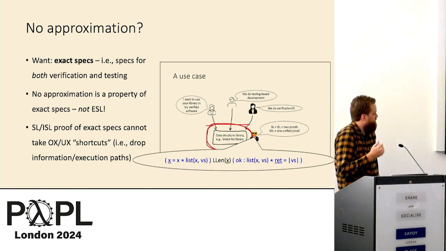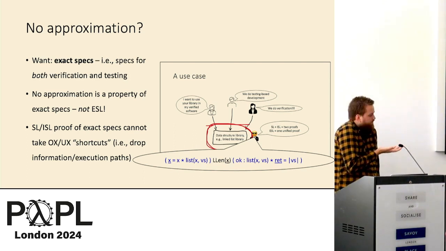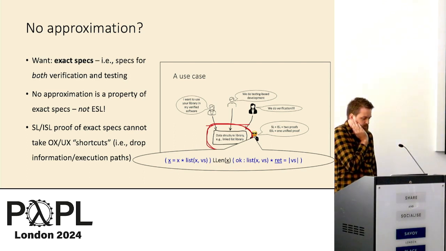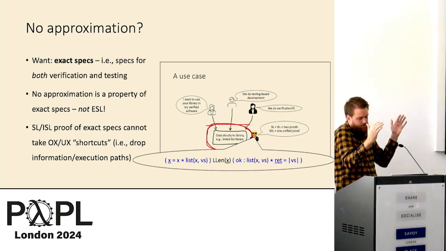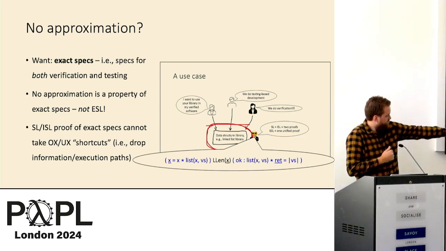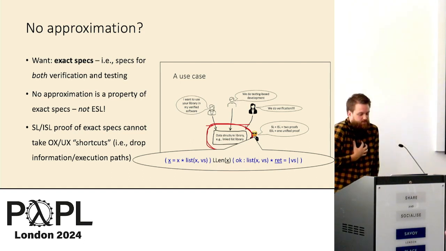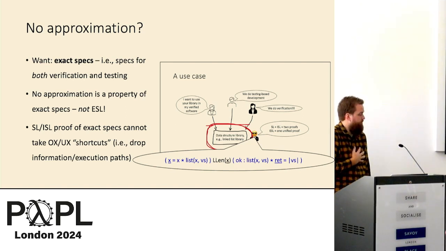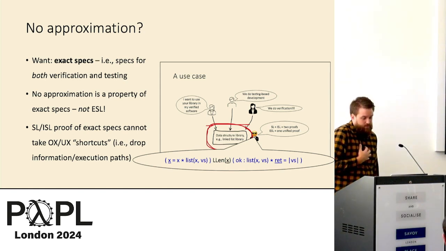When we reason about these kinds of functions that capture the full behavior of the function, let's say our logic could, for example, drop execution paths, that being an under-approximate logic. If in the middle of our proof we just drop some program paths, then in the end we wouldn't be able to show that the actual full post here is reachable. And similarly for over-approximate logics, if you just throw away some information, like the contents of the list, then probably we cannot show that this post is true.